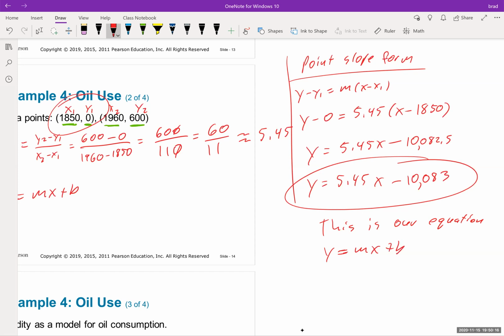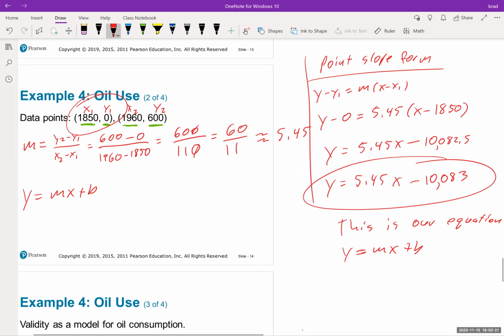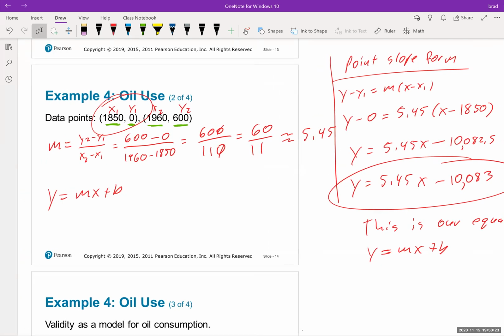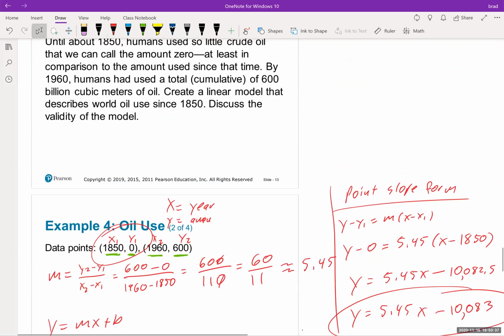Okay, now the thing is we can now use this to predict anything that they ask. So we know that x stands for the year, and we know that y stands for the consumption, right? So x equals the year, and y is equal to the amount, I guess, consumed or used.